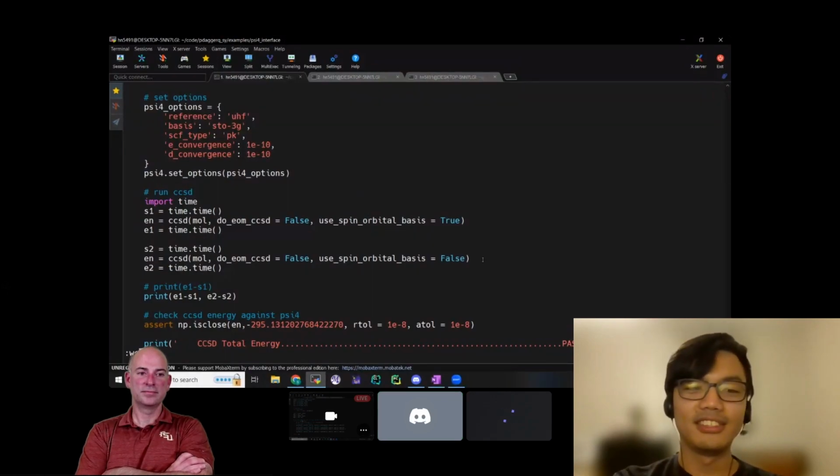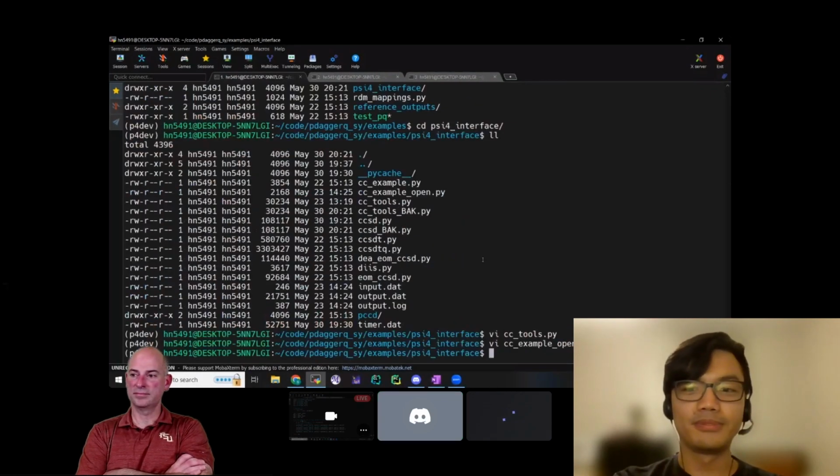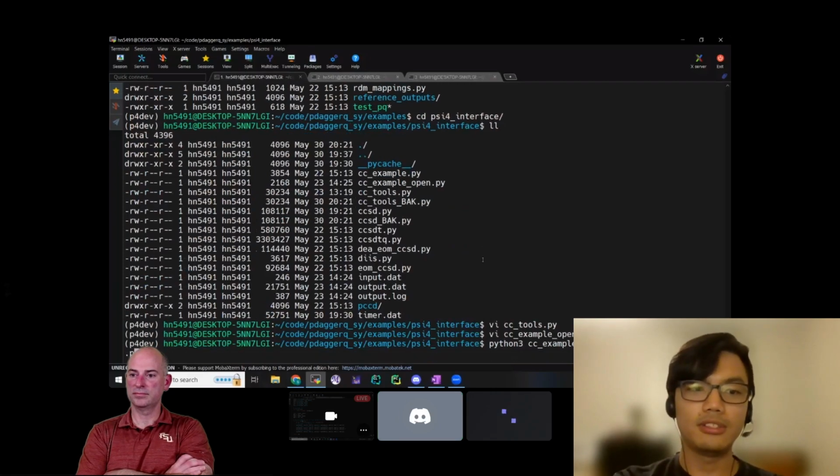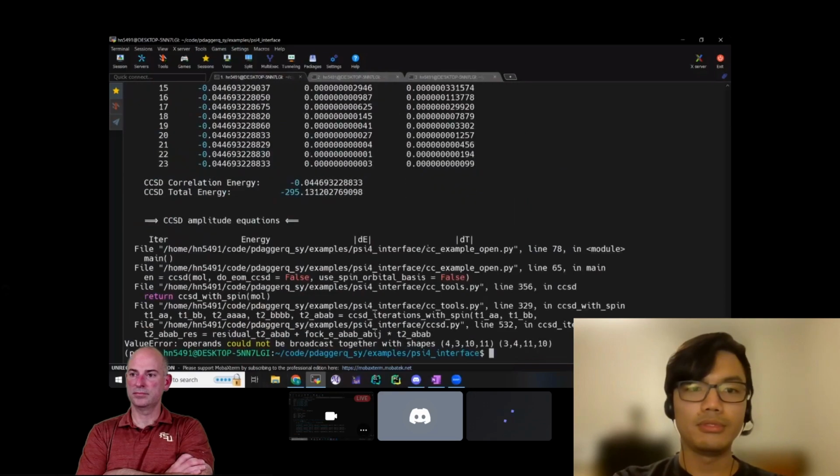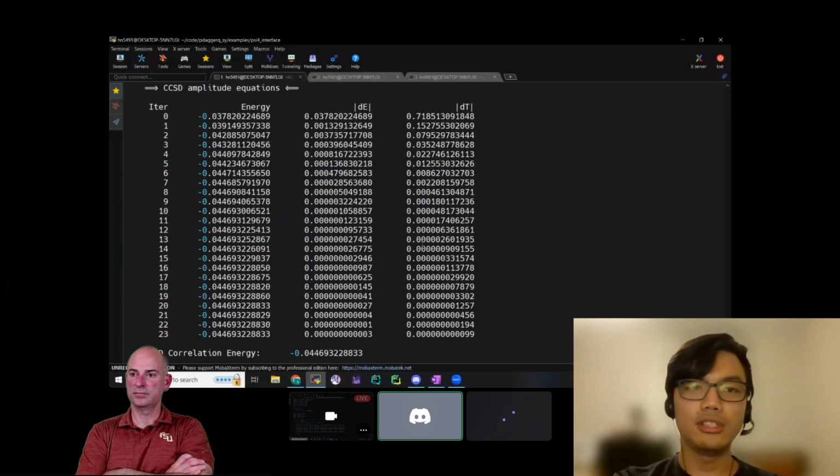But don't worry about that right now. All right, so let's do python3 cc_example_open. Yay! So actually it runs with the spin orbital version.